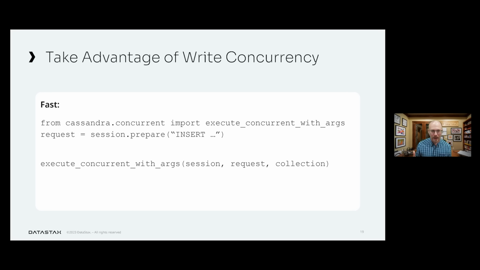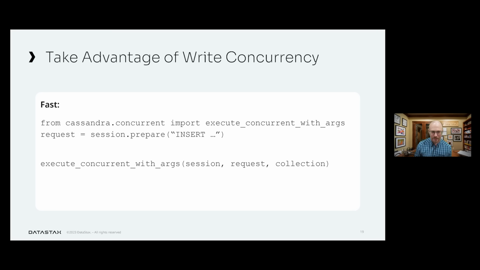So it's much faster if I just do those inserts concurrently. And the Cassandra drivers provide this functionality out of the box. So this is an example with the Python driver. I'm importing at the top execute concurrent with args.